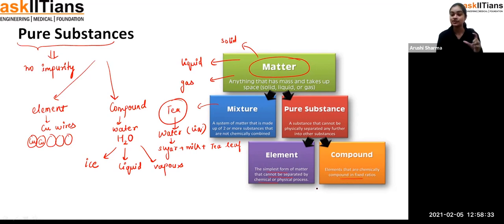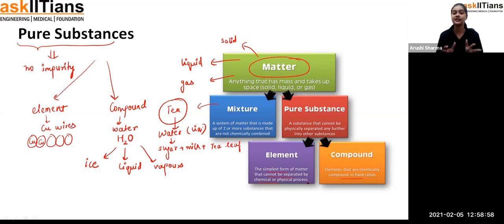Whether it is ice, liquid, or vapor, the formula is H2O, meaning one oxygen and two hydrogen combine to form water. When elements combine together in a fixed ratio, we call them compounds.